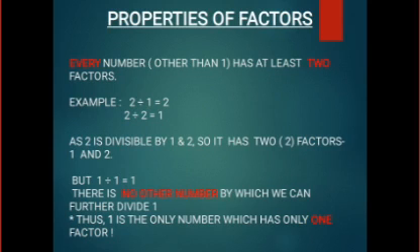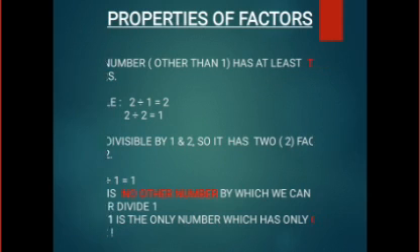So it has 2 factors, and those are 1 and 2. But 1 divided by 1 is 1. So there is no other number by which we can further divide 1, right? Thus 1 is the only number which has only one factor.